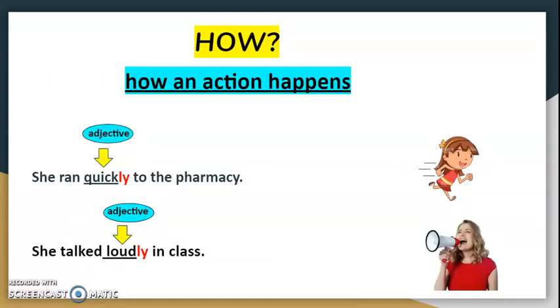Let's look at the different types of adverbs and how an action happens. For example, she ran quickly to the pharmacy. Quickly tells us how she ran. She talked loudly in class. Loudly tells us how she talked.